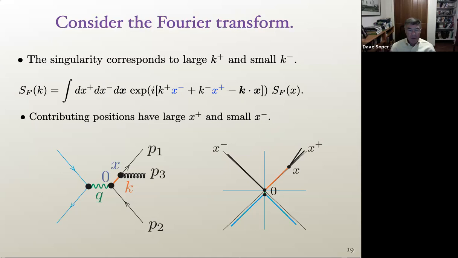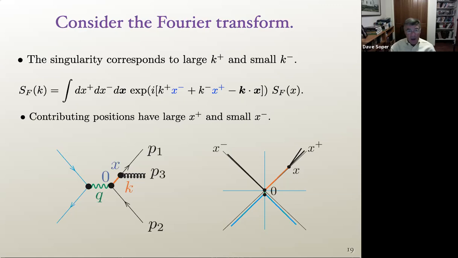Now consider what the Fourier transform is. The singularity corresponds to large K plus, small K minus. If I take a Fourier transform, SF of X instead of SF of K, where SF is the propagator here in orange, it is e to the i, recall, K plus X minus plus K minus X plus minus K perp dot X perp.